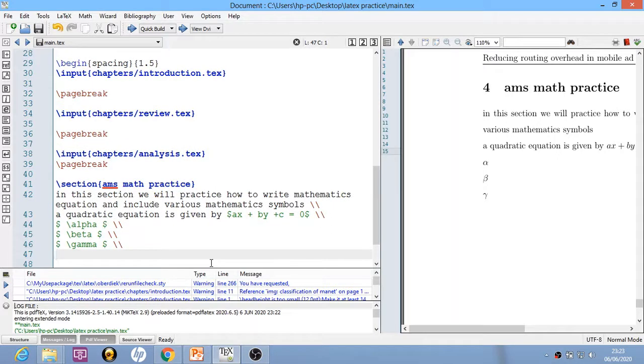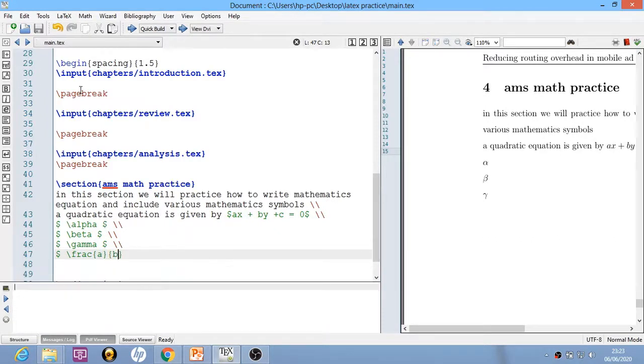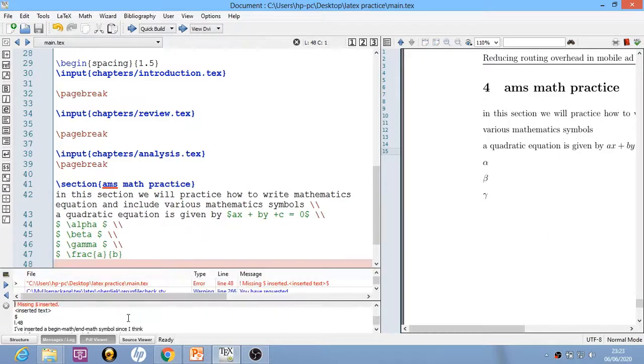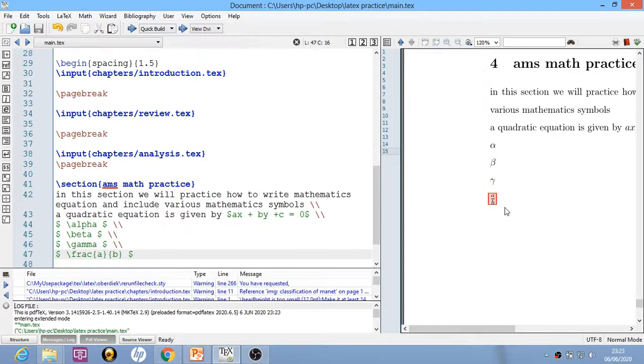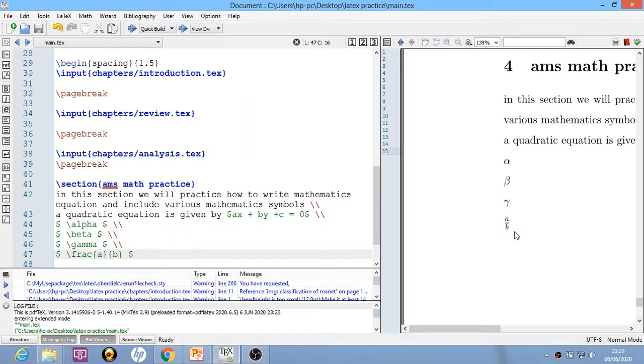Now let us see how you can create fractions. So for that you will write frac and suppose you write a upon b. Sorry, you have to end this math mode, okay, and I will execute it. Okay, so you will get a by b.